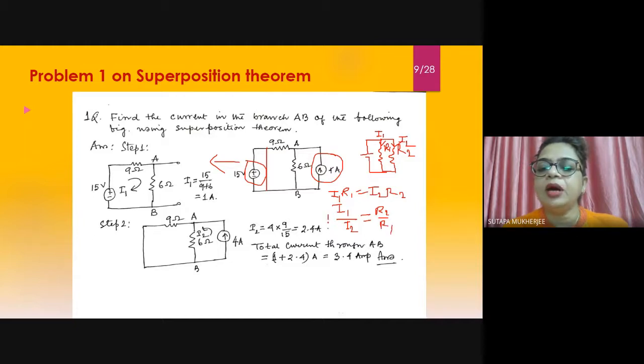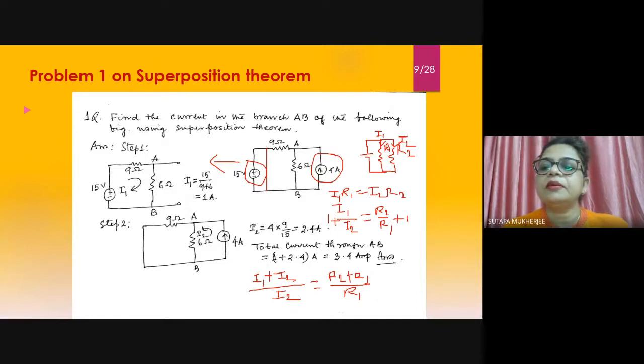If you add 1 to both sides, I1 plus I2 divided by I2 equals R2 plus R1 divided by R1. What is I1 plus I2?